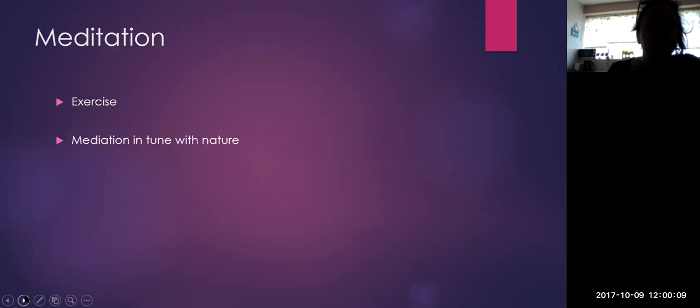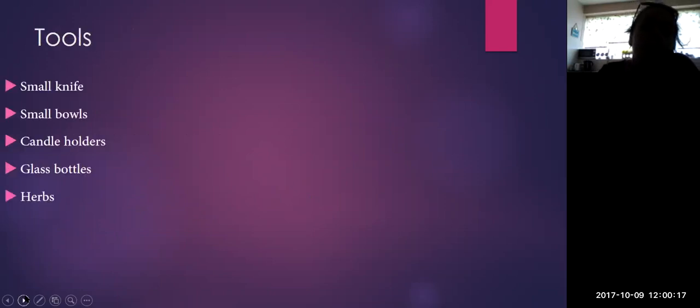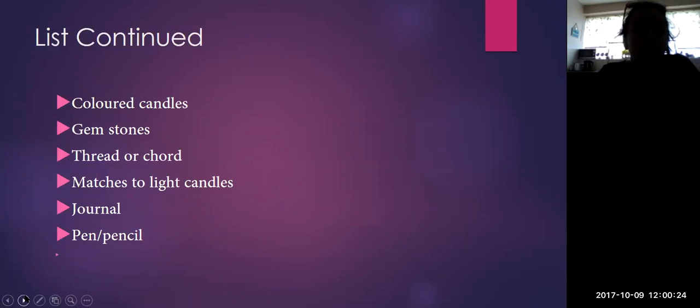Exercise, meditations and stuff like that, using your mind prior to doing any spell work. Meditation is very good. Tools, essential tools, things like small knife, small bowls, candle holders, glass bottles, herbs, your coloured candles, your gemstones, thread or cord, matches to light the candles, a journal, pen or pencil. I use the lighter.